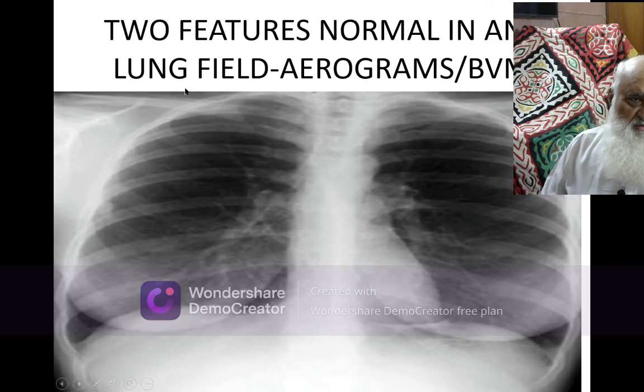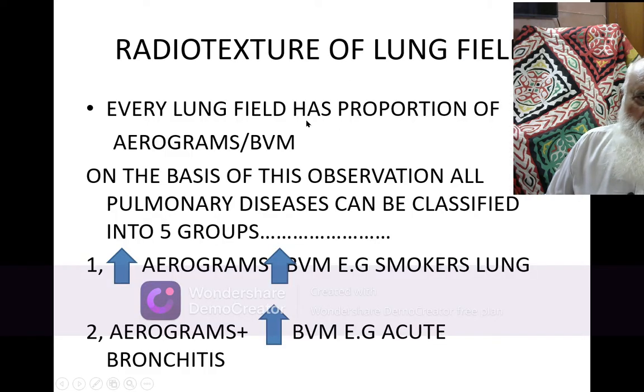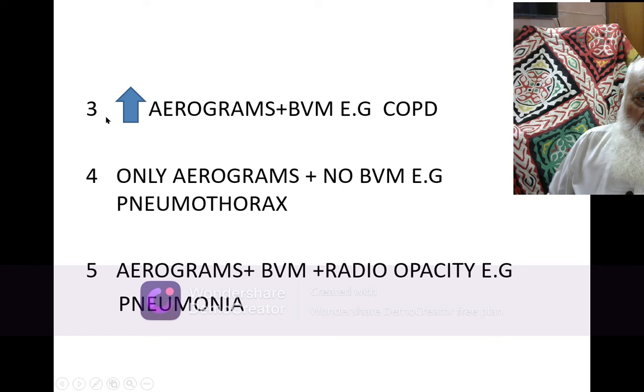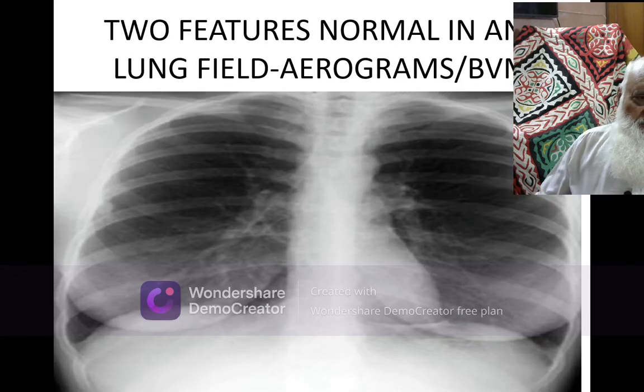The 2 things which are normal in the lung field, aerograms, are normal. What are they? First are the air spaces, aerograms, and between them streaks are seen.